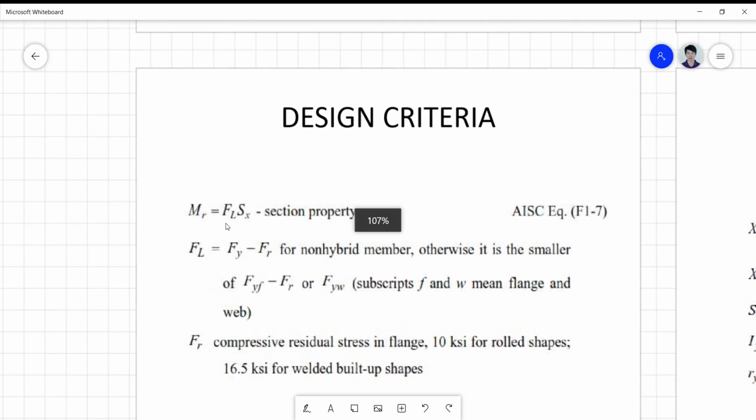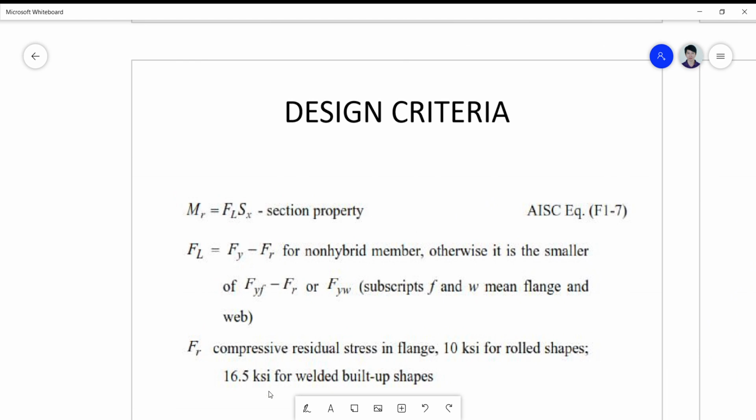So Mr is simply equal to FL Sx, where FL is Fy minus Fr, wherein the value of FL is the smaller.